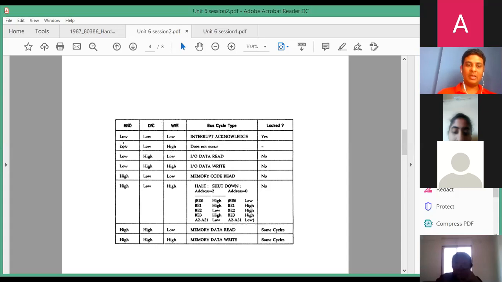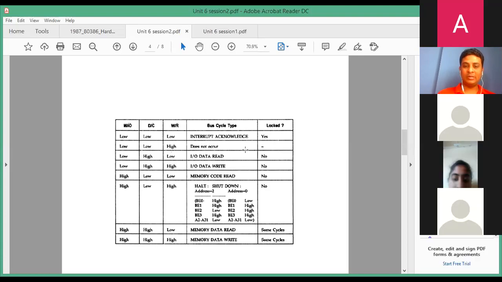If memory IO, data or control, read or write is low, low and high respectively, this doesn't occur, because whenever memory and data is low, we can't perform the write operation. So it has been indicated as a dash over here.